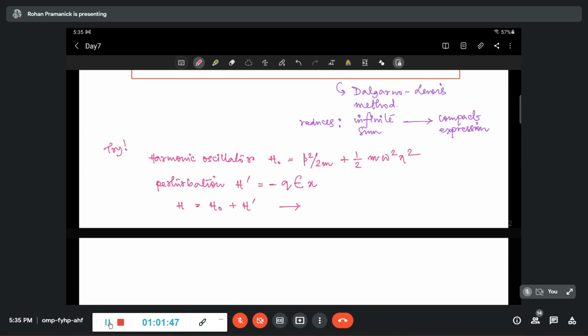Sir, the energy eigenvalue is shifted by a constant only in this case. Yes. So how do you know that? Sir, we have the Hamiltonian H plus H prime, half m omega squared x squared minus qEx.